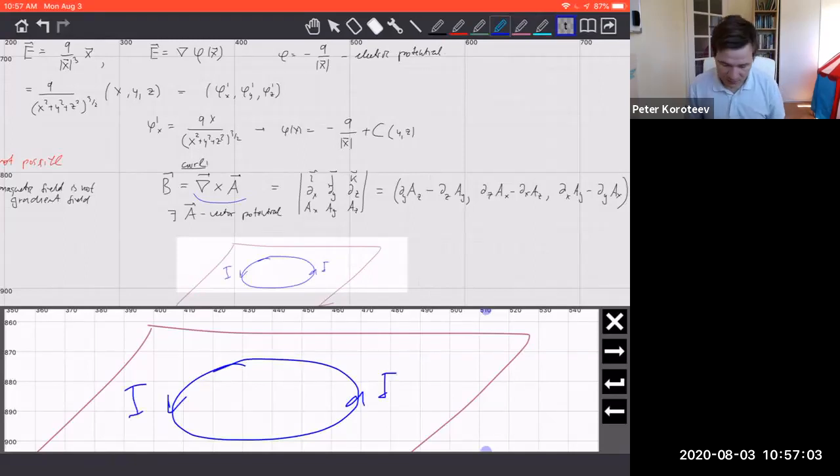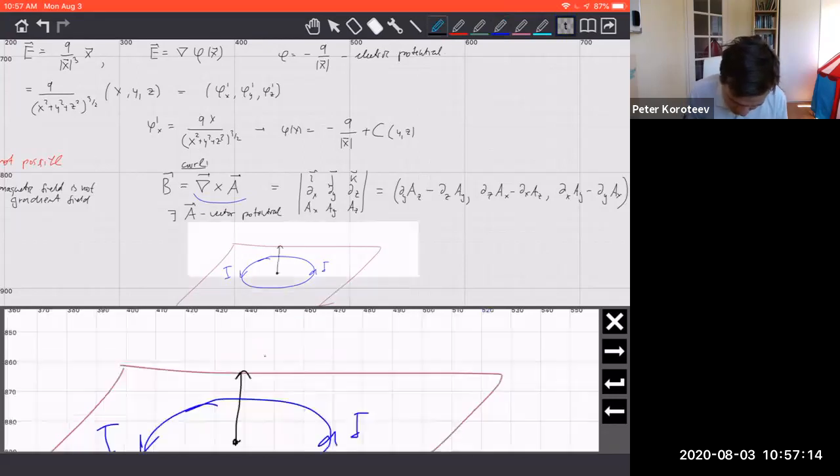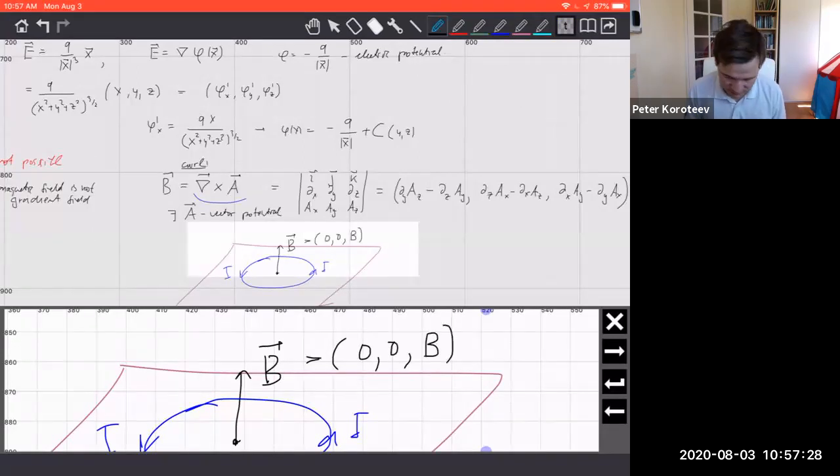According to the right hand rule, the magnetic field at the center of this loop will be pointed upwards. It will look like 0, 0, and some scalar value b. In x, y, z coordinates, it's a field that only has the z component.